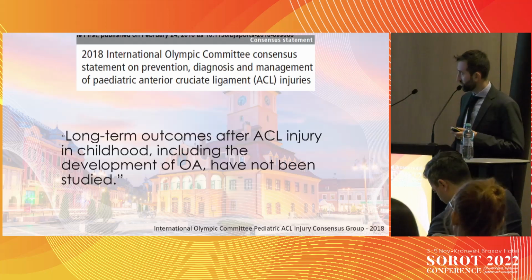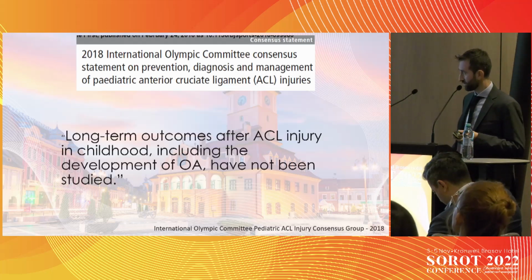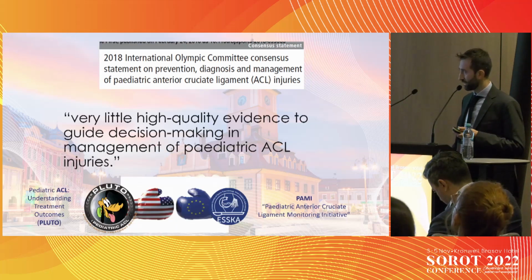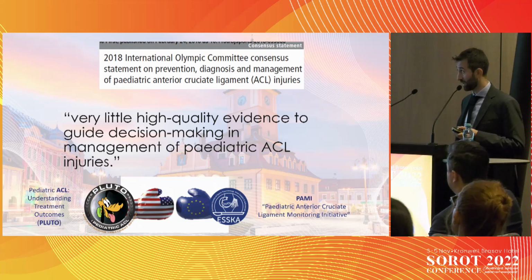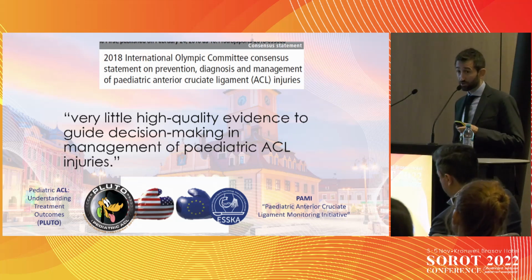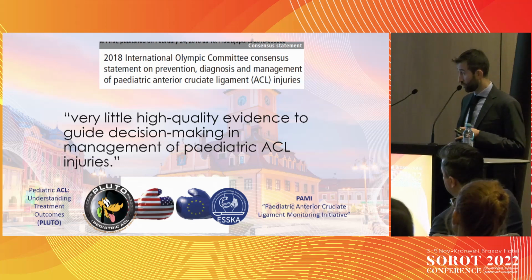Considering this type of lesion, in the literature we have no long-term outcomes, and we have no high-quality evidence about decision-making. We are waiting for two big projects, one from the US, one from Europe, the PLUTO and the PAMI, to have more evidence about this topic.